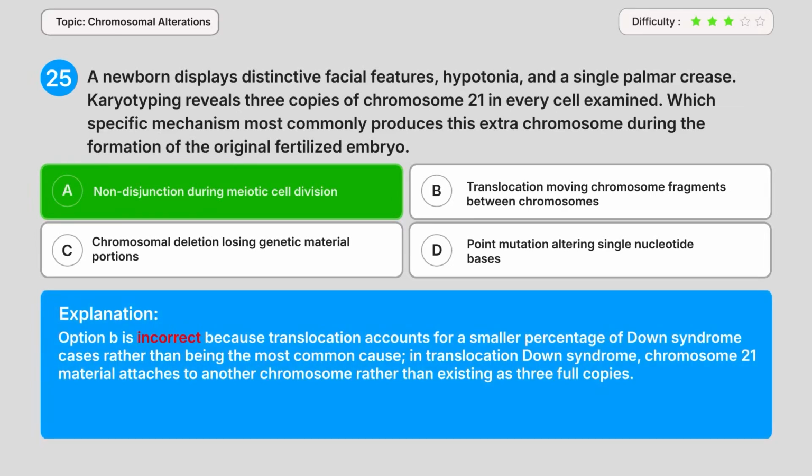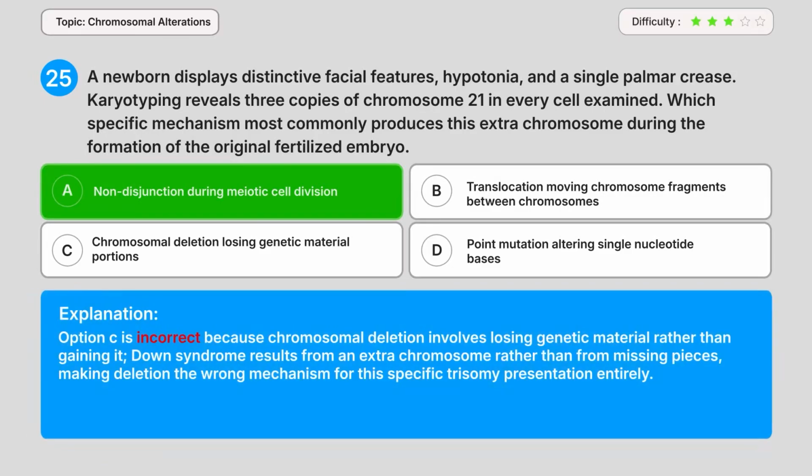Option B is incorrect, because translocation accounts for a smaller percentage of Down syndrome cases rather than being the most common cause. In translocation Down syndrome, chromosome 21 material attaches to another chromosome, rather than existing as 3 full copies. Option C is incorrect, because chromosomal deletion involves losing genetic material rather than gaining it.